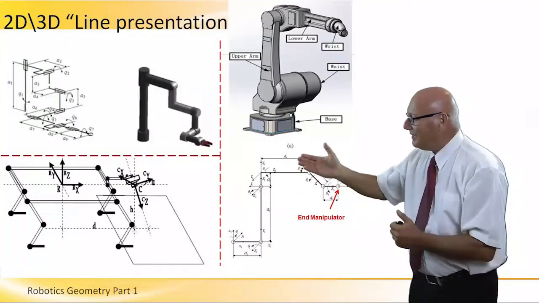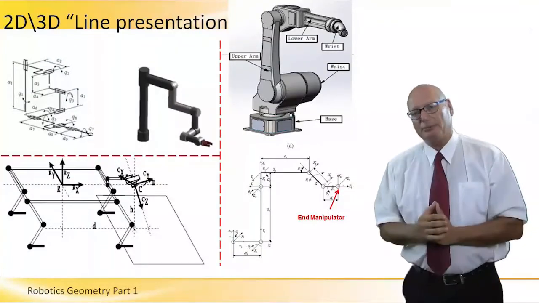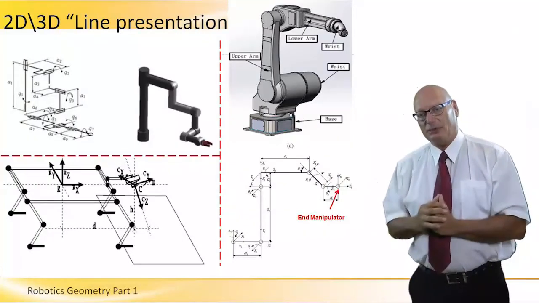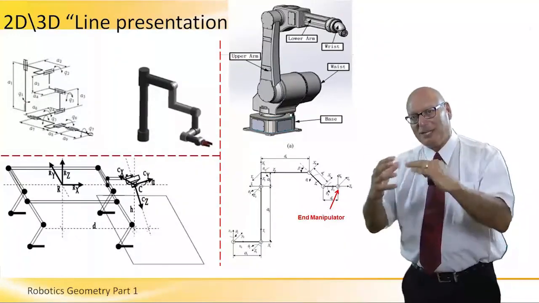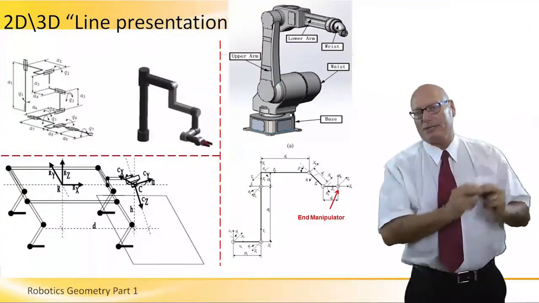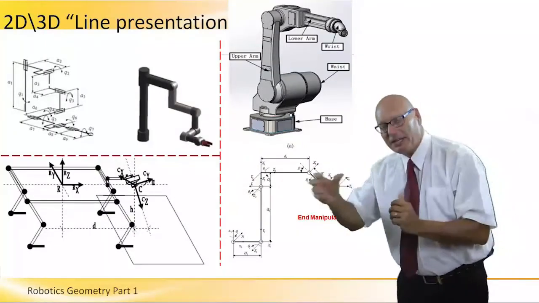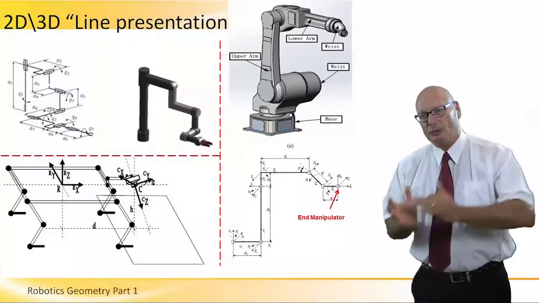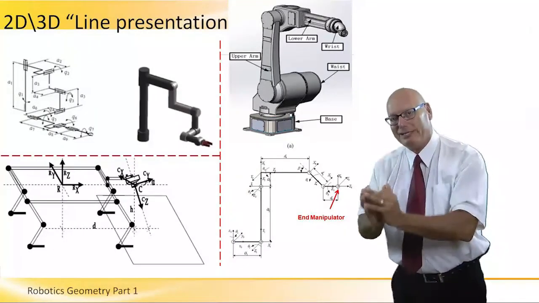The 3D line presentation on the left is different than the 2D line presentation on the right-hand side, in the sense that the z-axis comes into operation, and we get a better feel of where the robot is at any given point of time. So when we do skeleton drawings as part of the path planning and the task planning of the robot, sometimes we move from a 2D line presentation to a 3D line presentation in order to make sure that we do not have collisions.